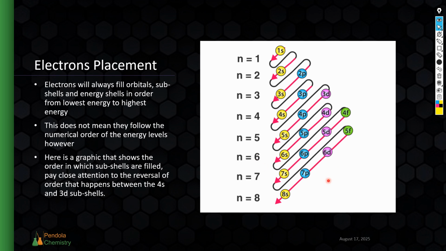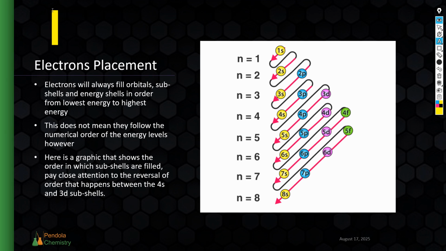And then everything else from there is up to f, and so on and so forth. And then we're going to cross them out diagonally. So when I go through one diagonally, then go back to the next diagonal, cross them out, back to the next diagonal, cross them out. And this is what's going to give us the order of the sublevels.